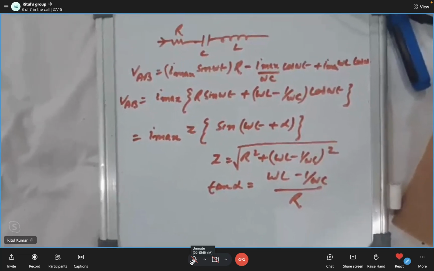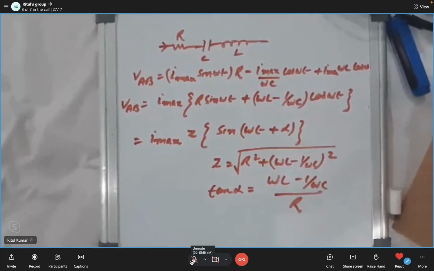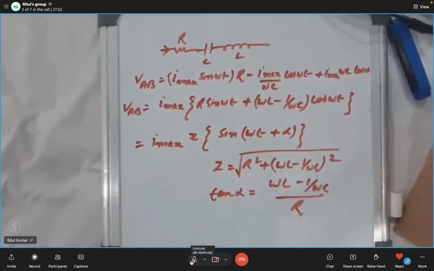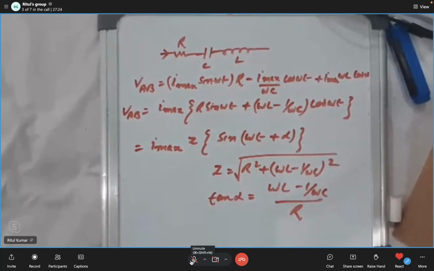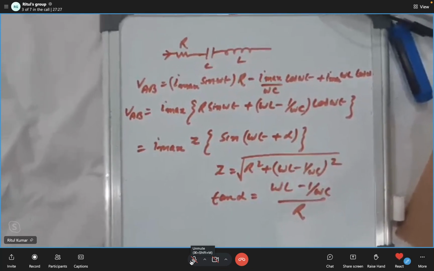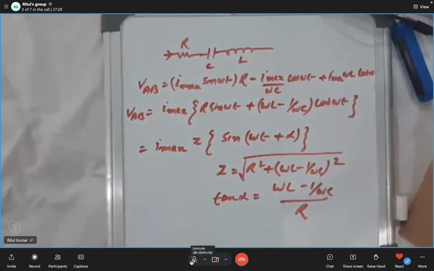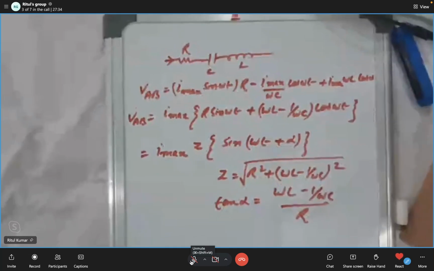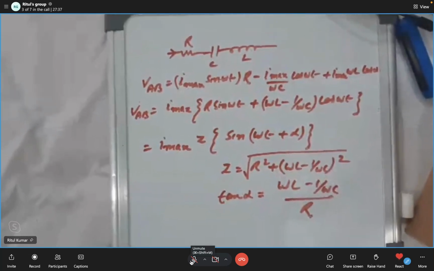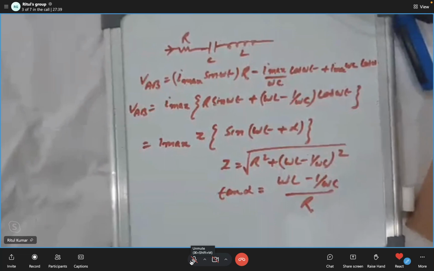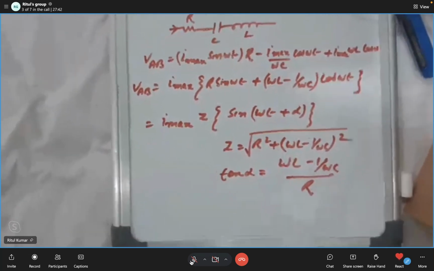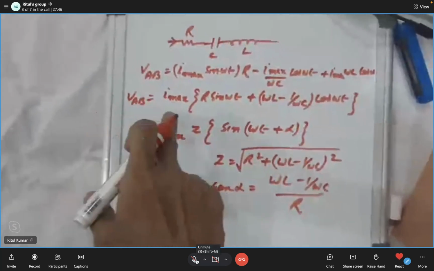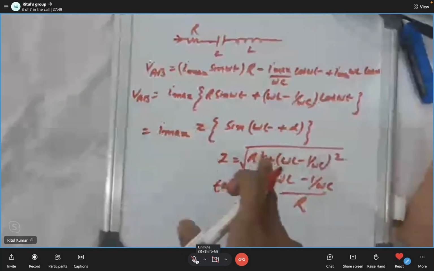If XL is greater than XC, it is obvious which one will lag, because then the reactance is more inductive than capacitive. Inductive reactance will call the shots, and what we see in that case is that voltage will lead current, correct?